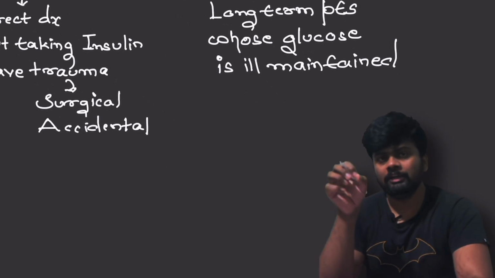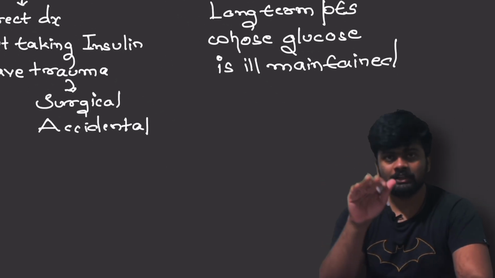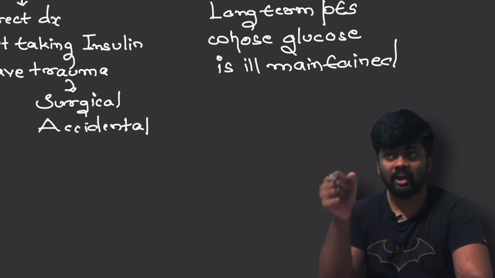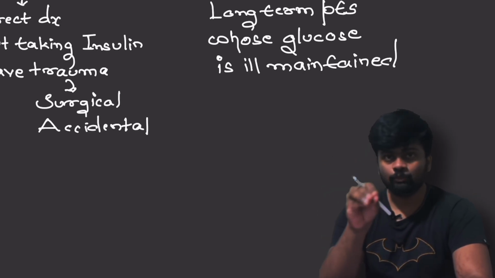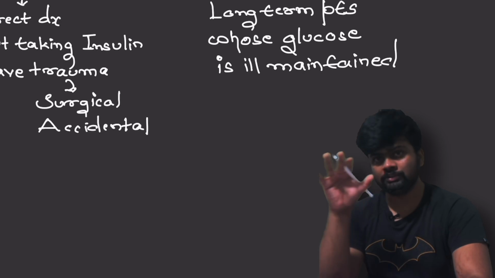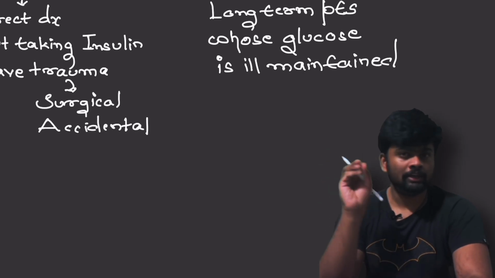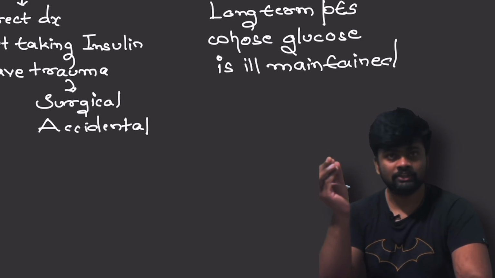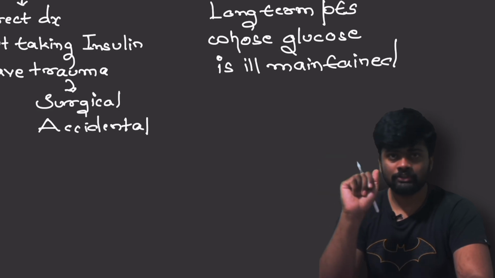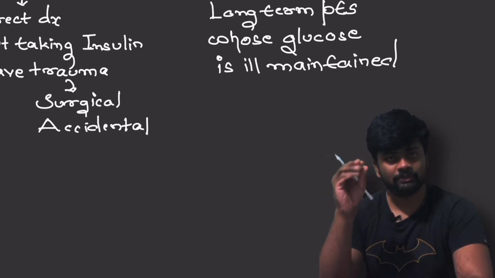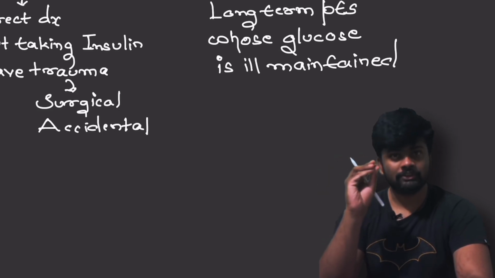And comparatively, type 2 diabetes mellitus is rarer than type 1 in terms of having DKA. So DKA is more common in type 1 diabetes mellitus because type 2 will be having an insulin deficiency in the mild to moderate range. Mainly they will be having glucose intolerance, but type 1 diabetes mellitus patients will be having an insulin deficiency very severely.